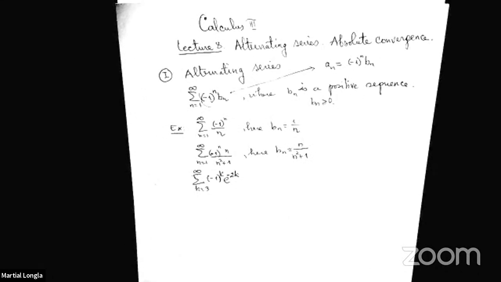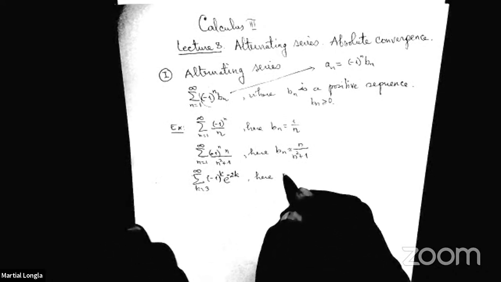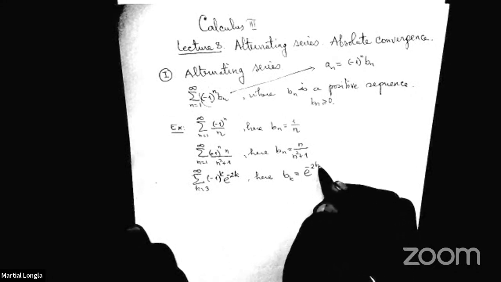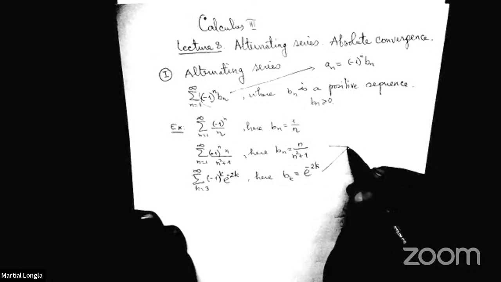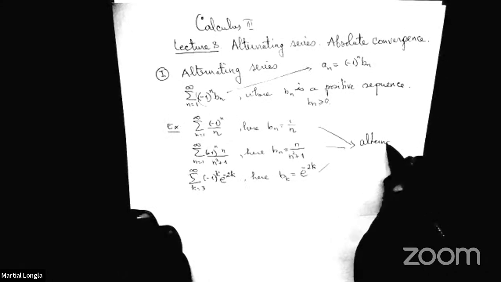If we have some (-1)^k e^(-2k), then here you have b_k equals e^(-2k). So you leave that (-1)^k. And once you have that, you know that you have an alternating series. So these are examples of alternating series.